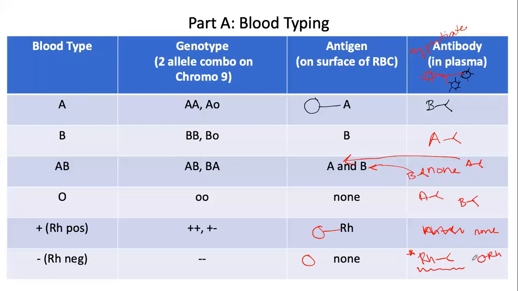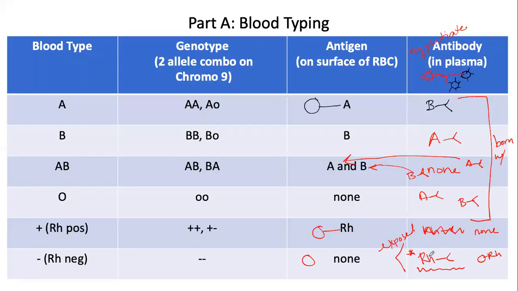So this behaves similar to what happens when you come in contact with a virus or a bacteria, right? These antibodies in the plasma, your A and B antibodies, you are born with those, okay? You come out of the womb with those. This one, you don't make until you're exposed to foreign blood.